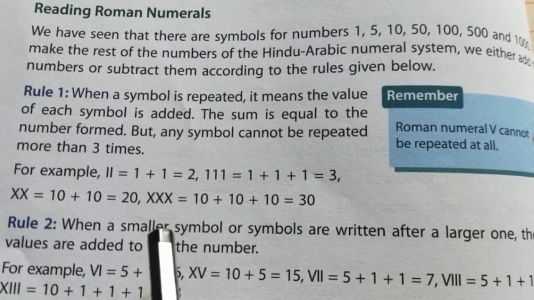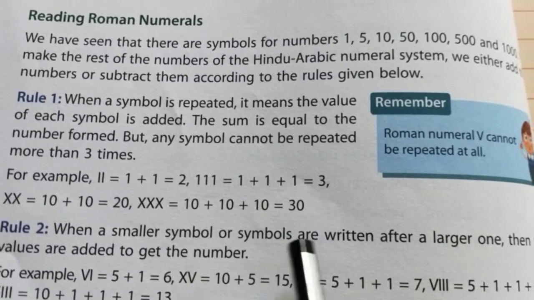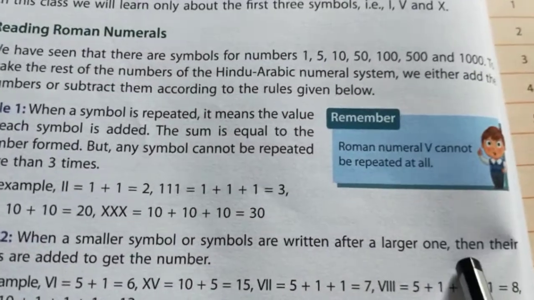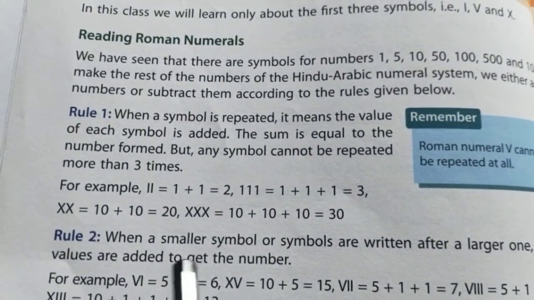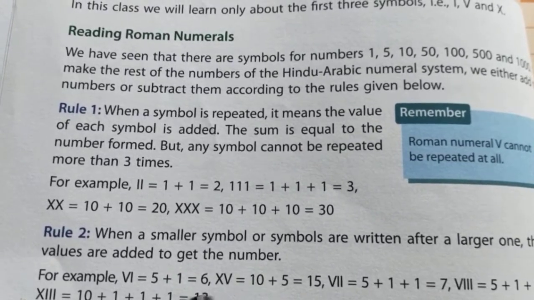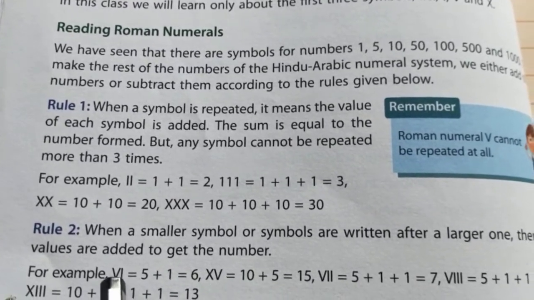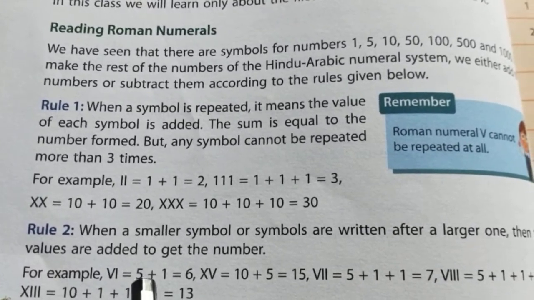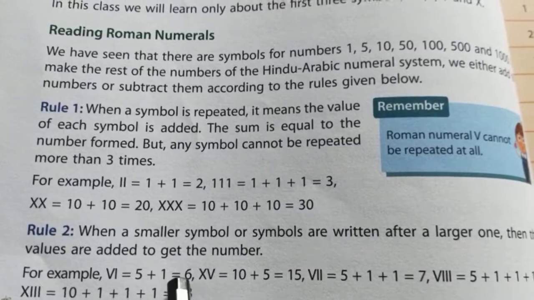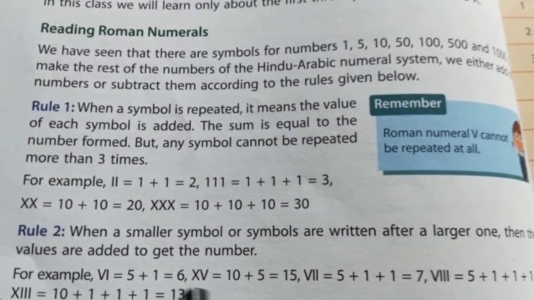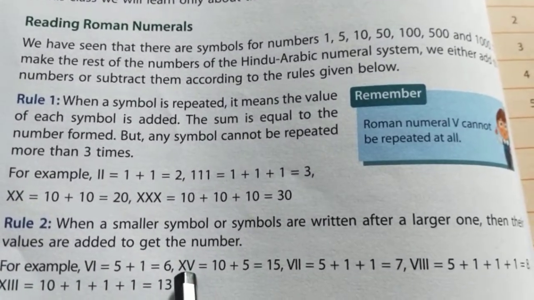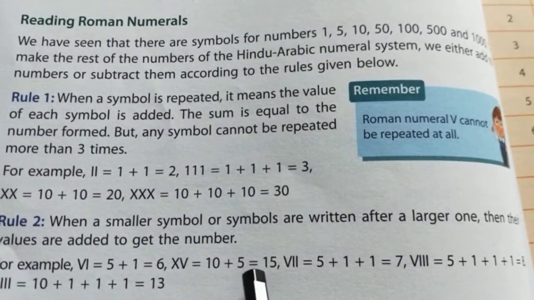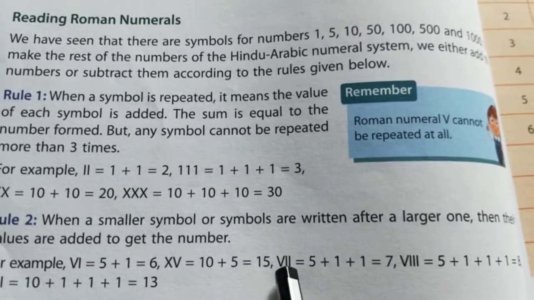Rule number 2: when a smaller symbol or symbols are written after a larger one, then their values are added to get the number. For example, VI is written, which means 5 plus 1 is equal to 6. XV is written, which means 10 plus 5 is equal to 15.